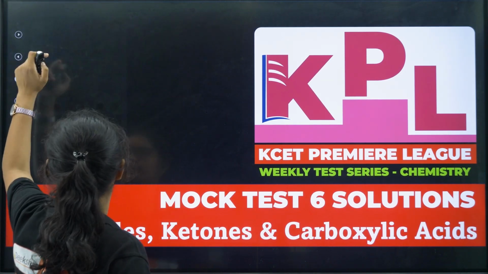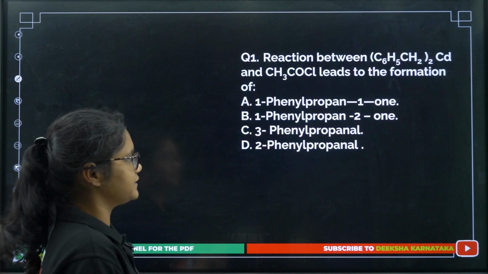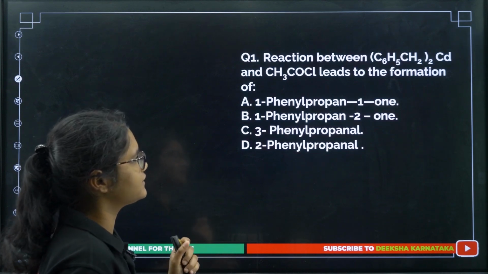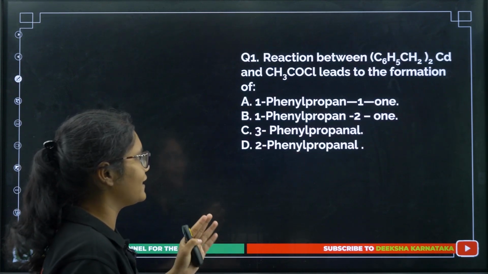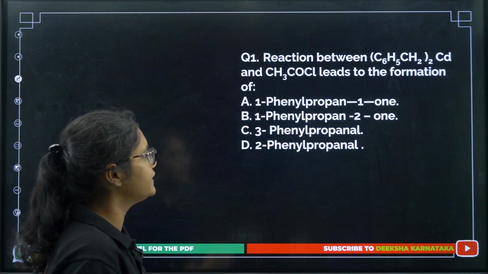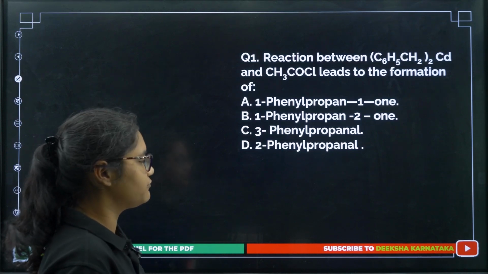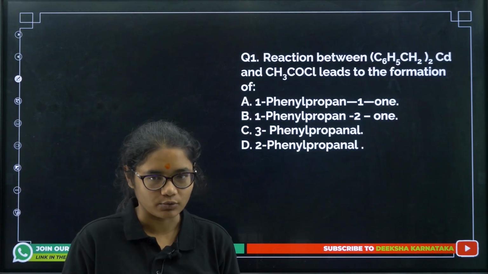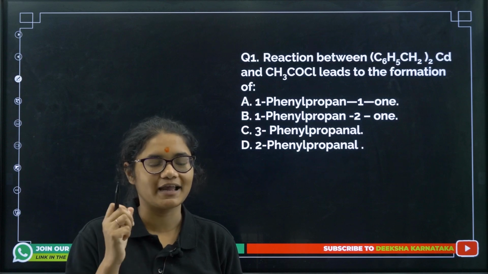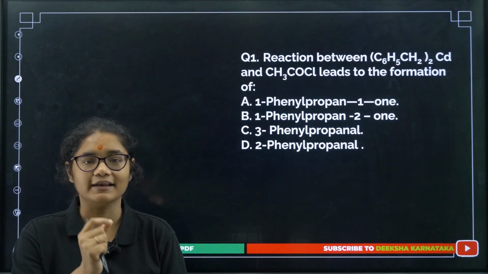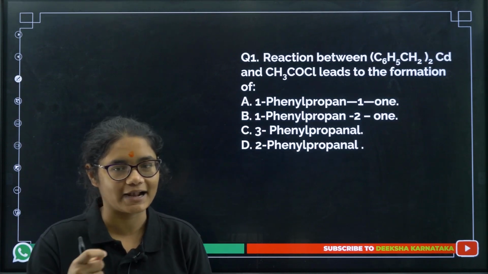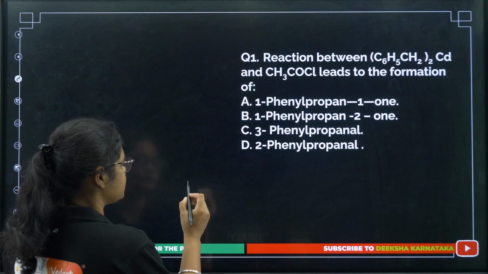So the first question is the reaction between (C6H5CH2)2Cd and CH3COCl leads to the formation of. If you have remembered, in the preparation of ketones from acyl chlorides, we had the first method, that is alkyl cadmium, and that is what is present here.